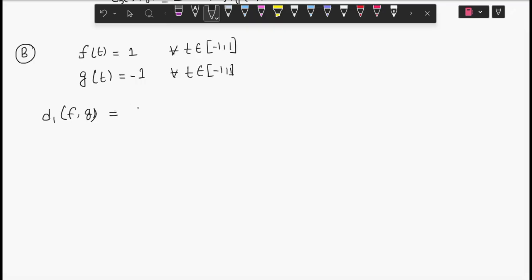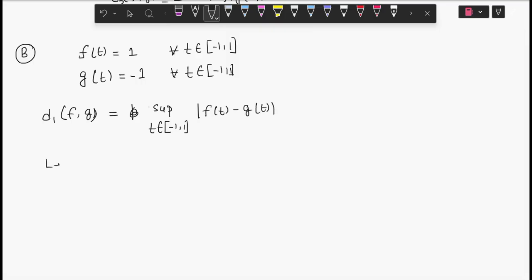So d1 of fg equal to supremum of t belongs to minus 1 1 of mod of ft minus gt, right?